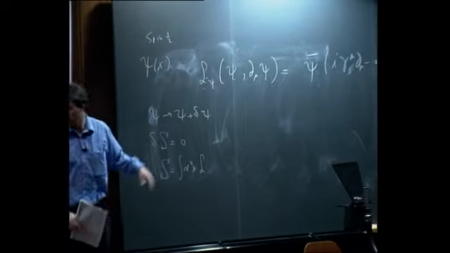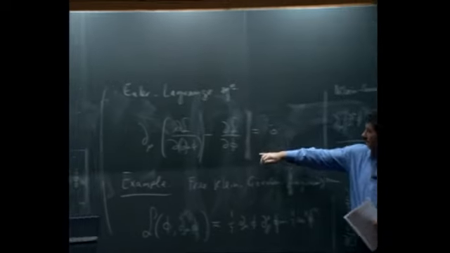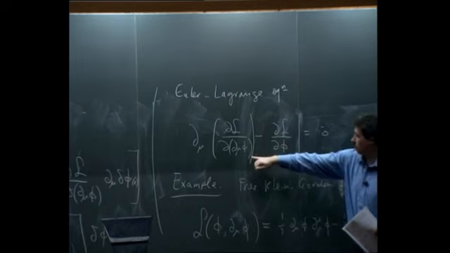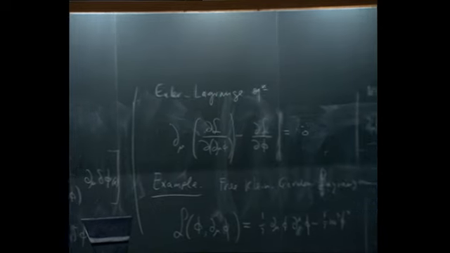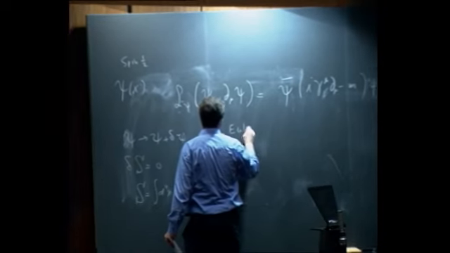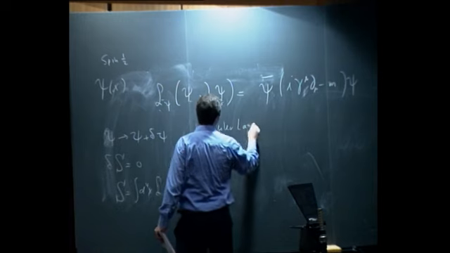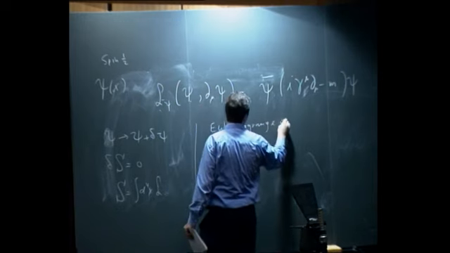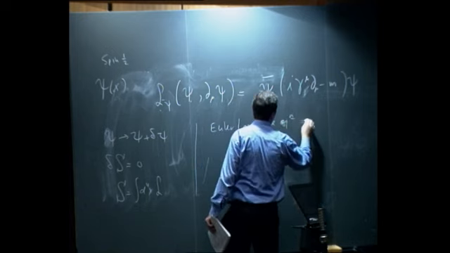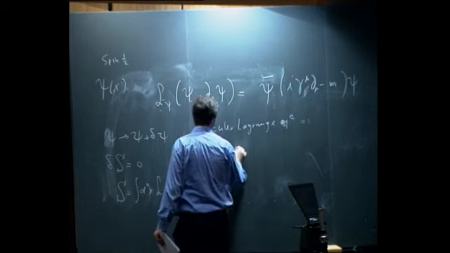Then you find in a similar way a Euler-Lagrange equation where instead of phi here I should write psi, and then the Euler-Lagrange equation gives you the Dirac equation.